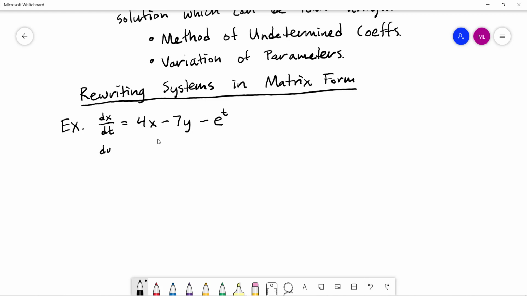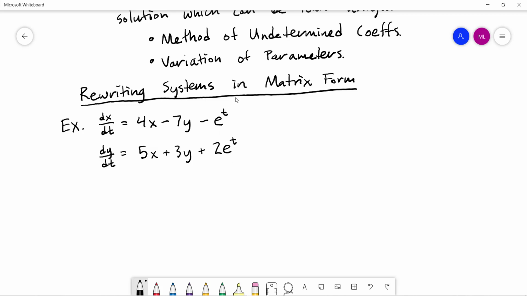And a second equation, dy/dt, is equal to 5x plus 3y plus 2e to the t. So this is a system of equations, right? It's two equations, and how many unknowns are there? Well, we're trying to solve for x, we're trying to solve for y, and they both show up in each equation. Both x and y are clearly functions of t, and we have these other non-homogeneous terms that show up here.